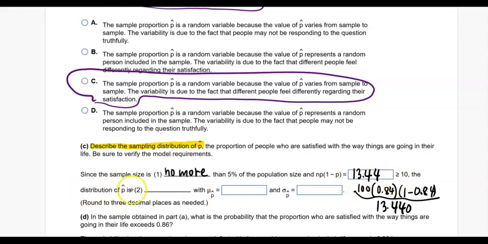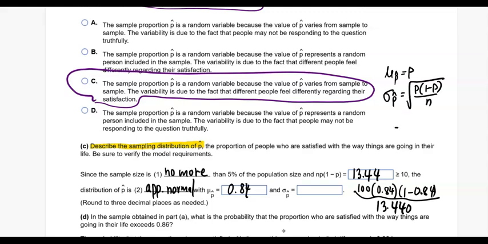We call the distribution of p hat approximately normal, with mu p hat, the mean of the sampling distribution, being the same as p. Remember the formula, mu p hat is the same as p, which is going to be 0.84, and the standard deviation of the sampling distribution, sigma p hat, is going to be the square root of p(1 minus p) divided by n.